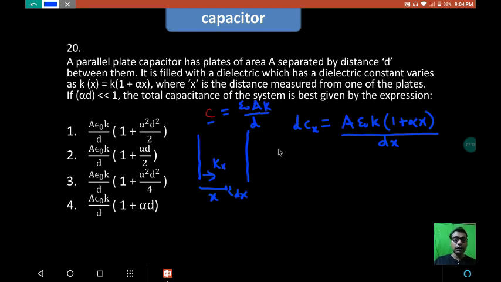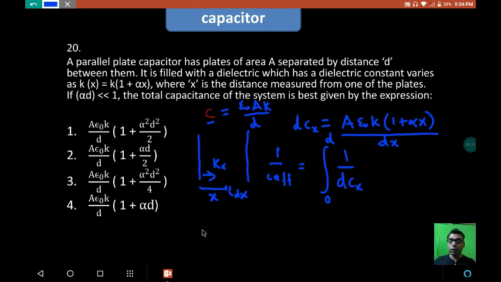For the effective capacitance in series, what is the value? It is 1 upon C effective, equal to the integral of d(Cx) inverse, with the integration from 0 to d, where d is the distance between the two plates.